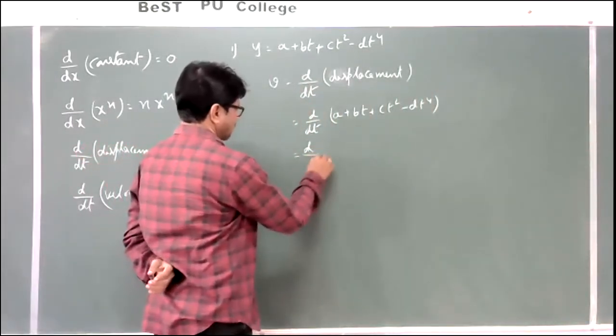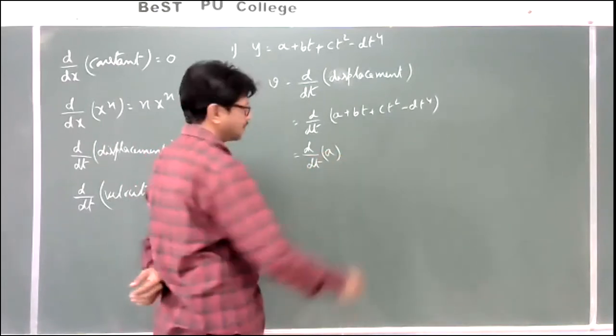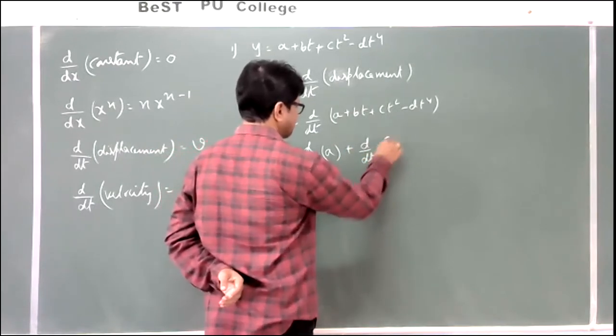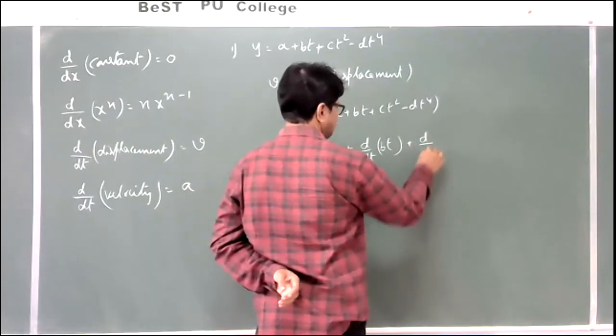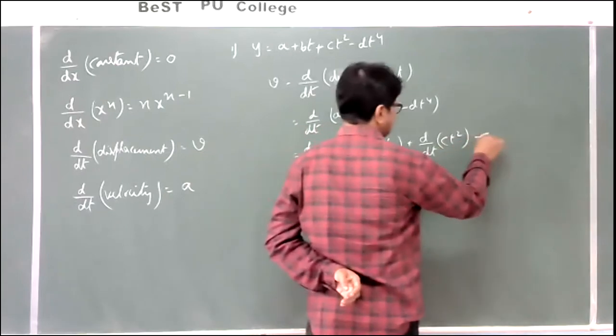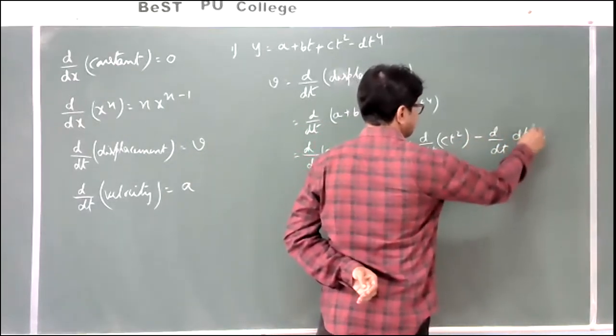So I am expanding d by dt of a plus d by dt of bt plus d by dt of ct square minus d by dt of dt to the power of 4.